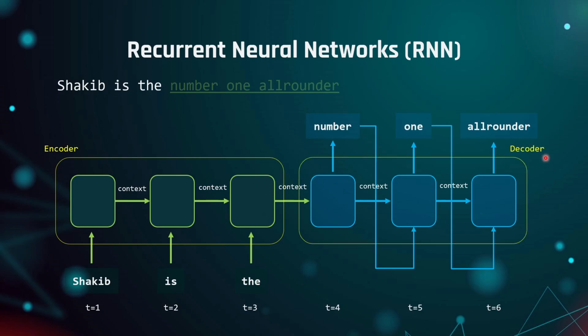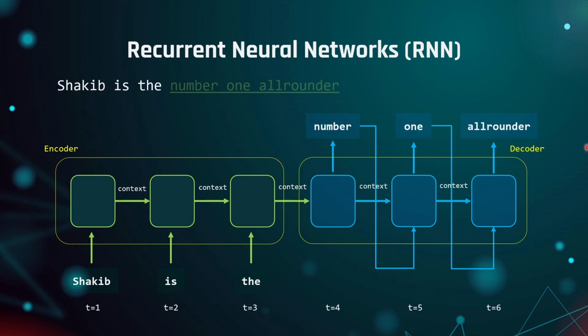The decoder layer is the layer that generates the output sequence. So our sequence to sequence model mapped the input sequence "Shakib is the number 1 all-rounder" to the output sequence in 6 steps. Okay.